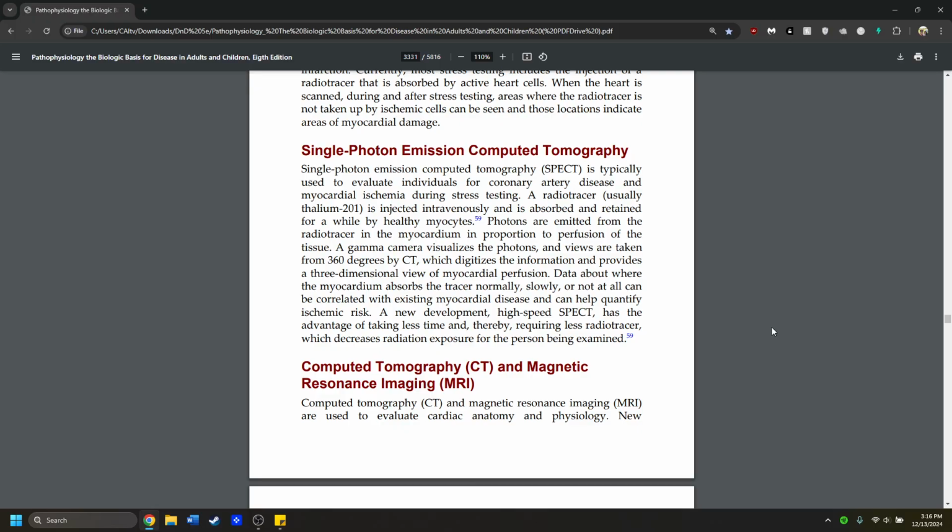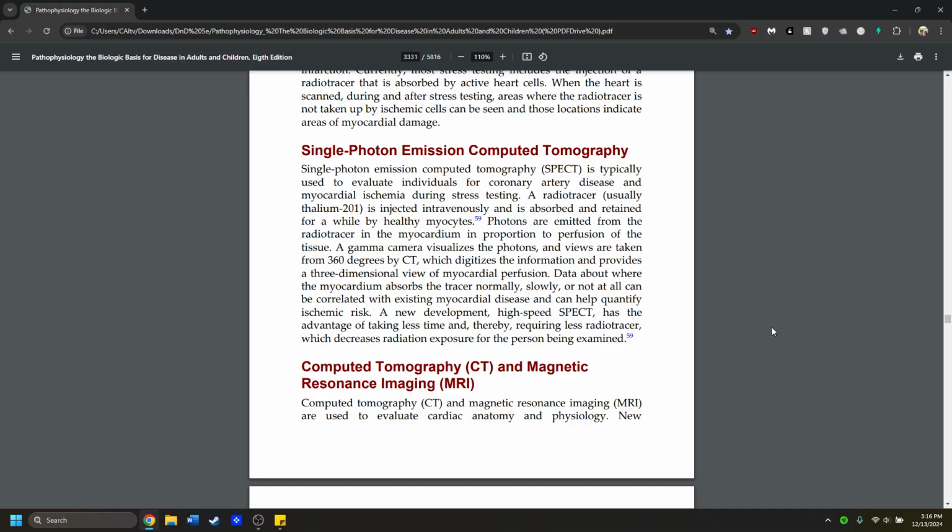A gamma camera visualizes the photons, and views are taken at 360 degrees via CT, which digitalizes the information and provides a three-dimensional view of the myocardial perfusion. Data about where the myocardium absorbs the tracer normally, slowly, or not at all can be correlated with existing myocardial disease and can help quantify ischemic risk.